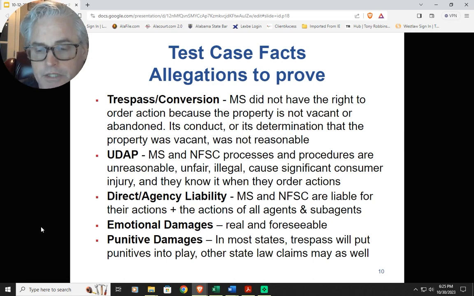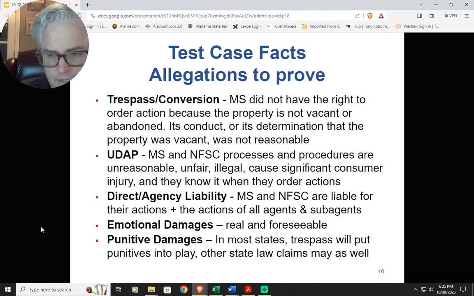And then punitive damages should always be in play if your state allows punitive damages for trespass and invasion of privacy, intrusion upon seclusion. If you have a good state unfair and deceptive acts and practices law like Illinois does, you also have punitive damages available there.